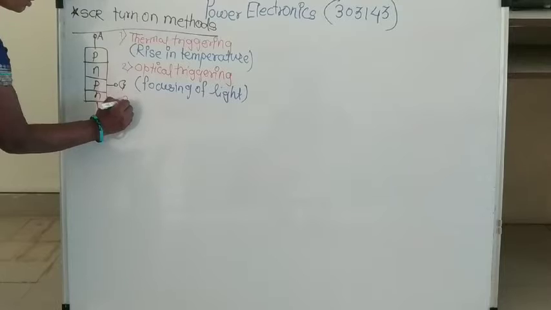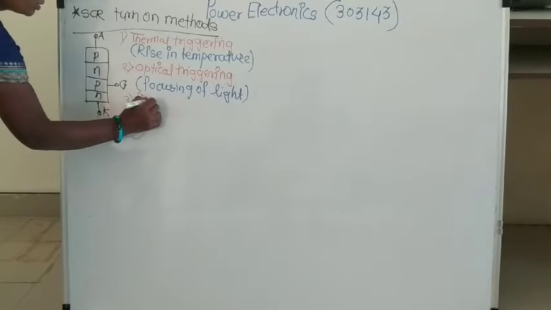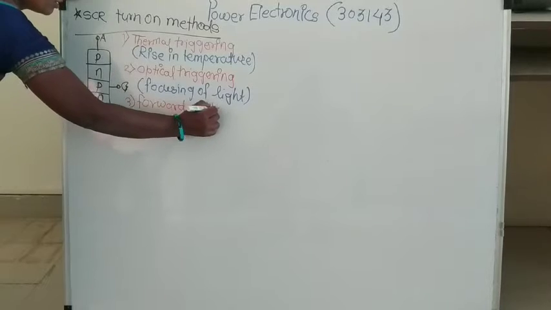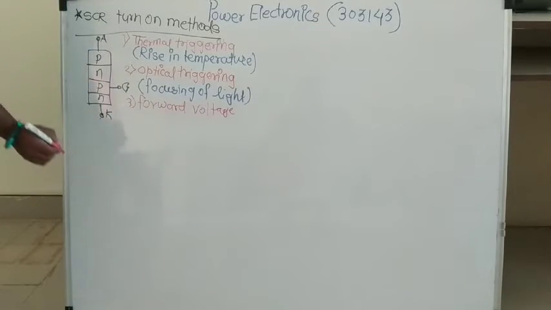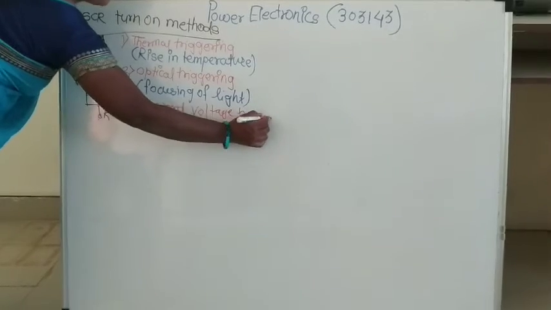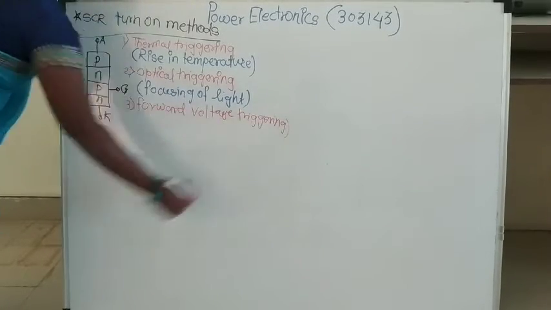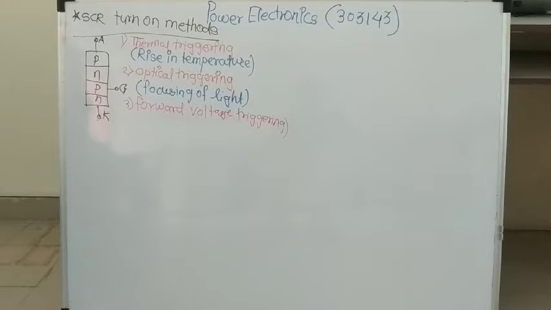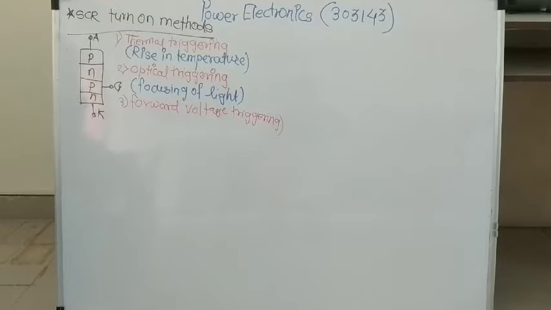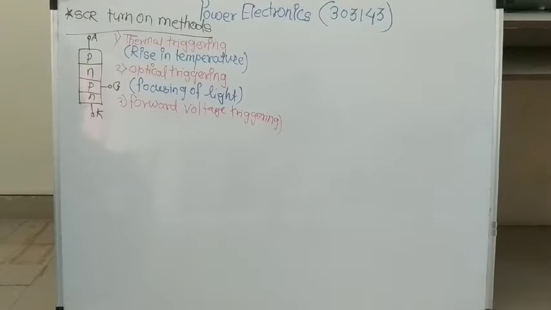Forward voltage triggering means we apply the voltage between anode to cathode. Forward means when we apply the voltage, connect the battery in such a way that it gets forward biased, called forward voltage triggering.